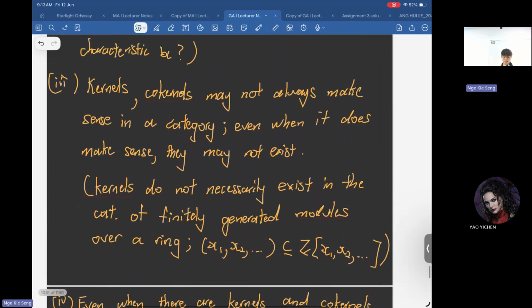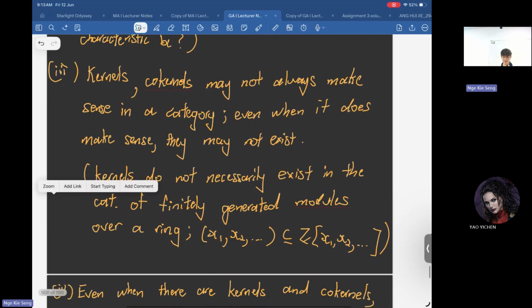Okay, I think this one we've seen before, when we discussed the Hilbert basis stuff.